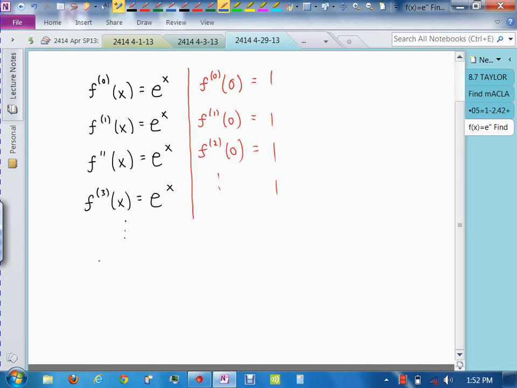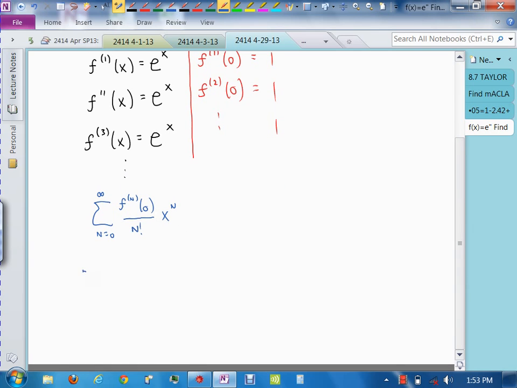Here comes Maclaurin. Maclaurin says that I should have the sum from n equals 0 to infinity of the nth derivative evaluated at 0 over n factorial, x to the n. I don't know how much detail y'all want here. Do you want me to write out the 0th derivative at 0 over 0 factorial plus first derivative at 0?